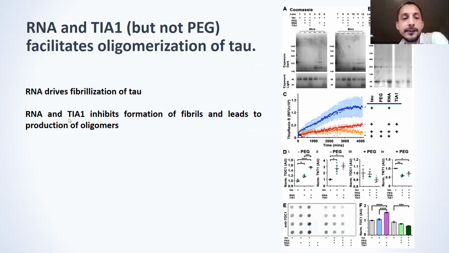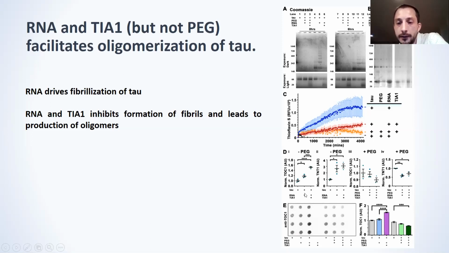But if you add TIA1, you can actually inhibit the formation of fibrils and lead to production of oligomers. So I'm just going to highlight panel D here. If you add RNA and TIA, you get a large amount of TOC1 positive oligomers by ELISA. This is a TNT1 antibody that looks at a conformational change in tau.